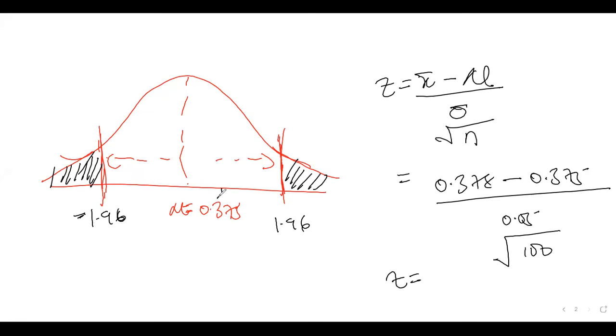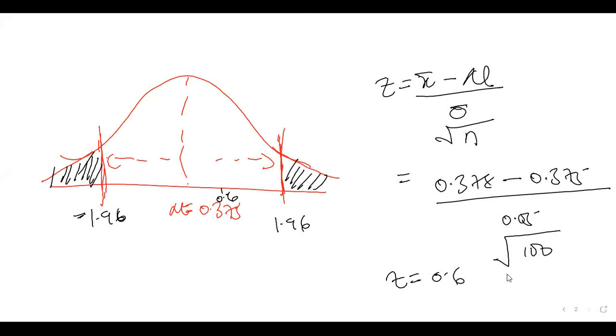So 0.6 will be somewhere here, and it is in our acceptance region. So we accept it, because it is in our acceptance region. That is how we use the z-value to compute.